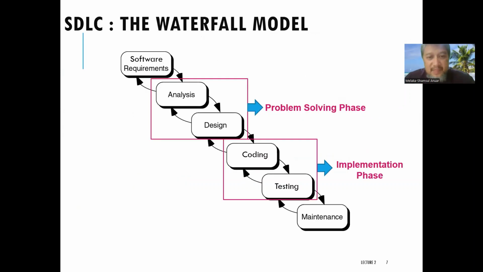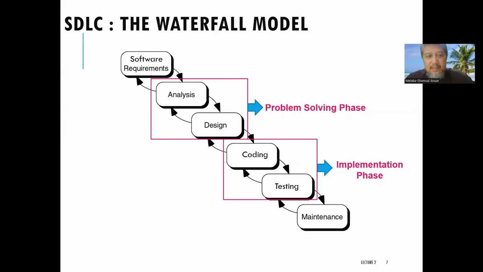Okay, here's the waterfall, very nice looking waterfall. So always start with knowing the problem. Knowing the problem involves software requirements, or like us in engineering, PDS, product design specification.